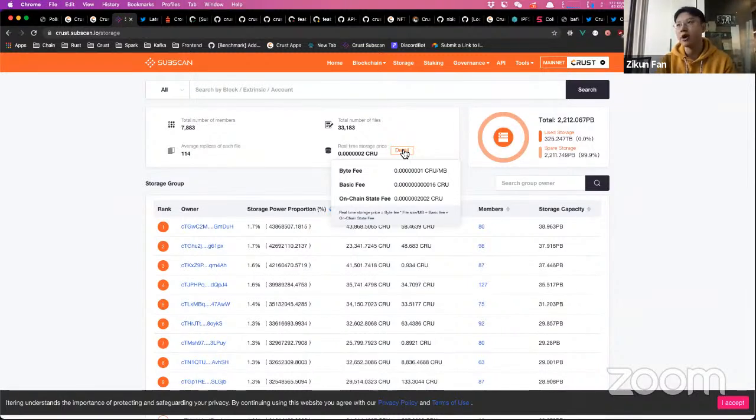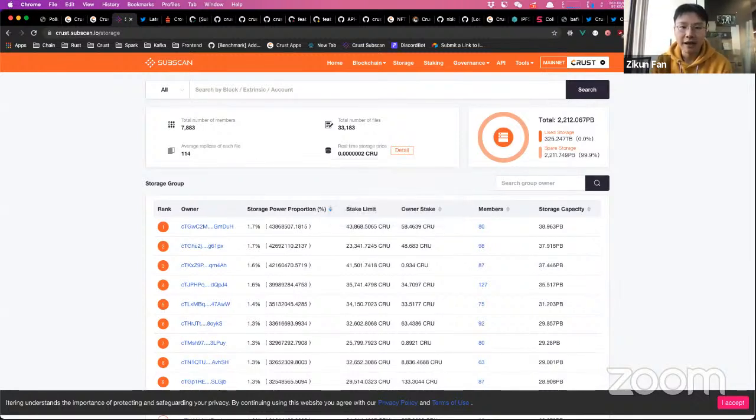The biggest part is from the PoS, the staking, like Polygon. So I think maybe in 1 or 2 years, it will continue to be free to use Crust storage.